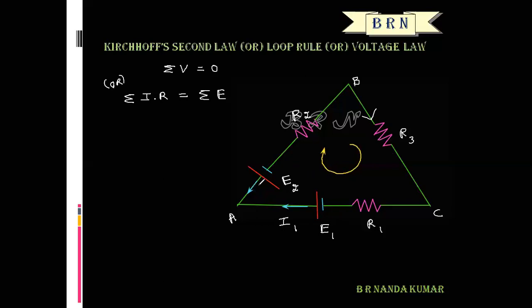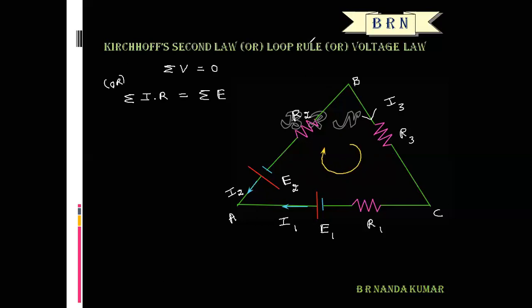Suppose the current drawn from the cell is anti-clockwise, then the EMF should be considered as anti-clockwise. So this is clockwise EMF, this one is anti-clockwise EMF. This is clockwise current, and this one is anti-clockwise current. This is I2, and this one is I3, which is in clockwise direction.